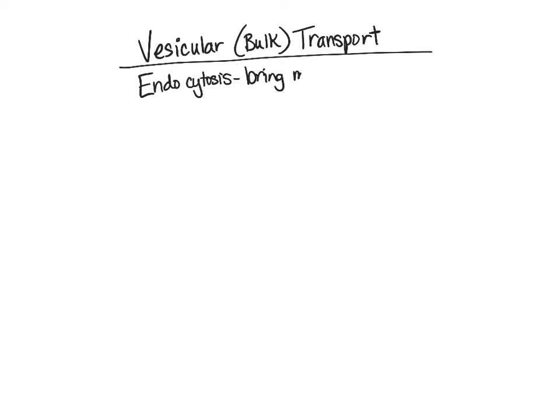So the way that this works is we're going to actually be using the plasma membrane of the cell to bring something into the cell. So endo is like into, to bring something into, and then cytosis. Cyto is related to cell. So it's bringing something into the cell.